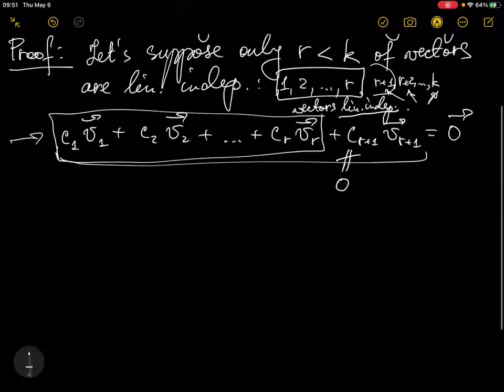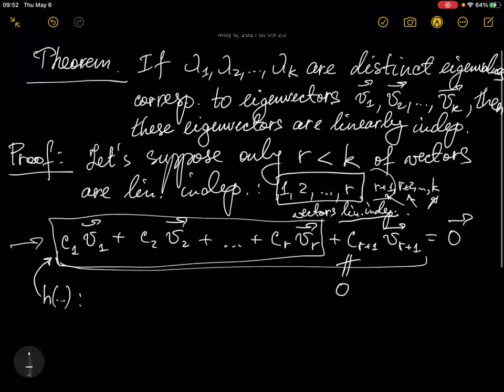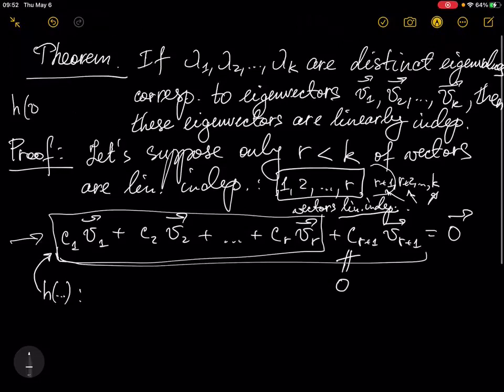Okay, then I will do the following. Let me apply here my H linear transformation, and then I'm getting once again. So I have that H Vi equals lambda i Vi, right? It's a definition of the eigenvector, right?